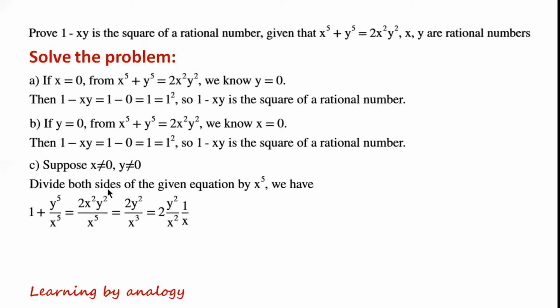Dividing both sides of the given equation by x to the power of 5, we then have 1 plus y to the power of 5 over x to the power of 5 equals 2x squared y squared over x to the power of 5 equals 2y squared over x cubed equals 2y squared over x squared times 1 over x.